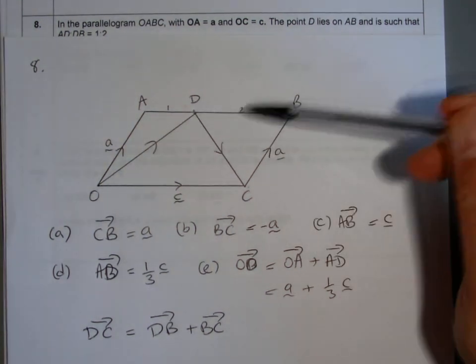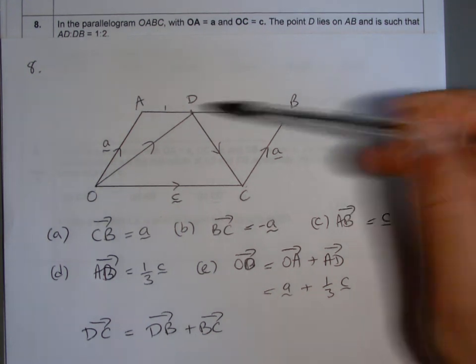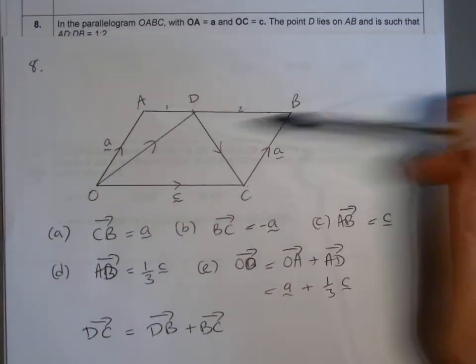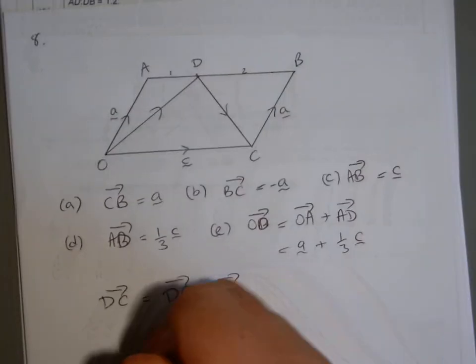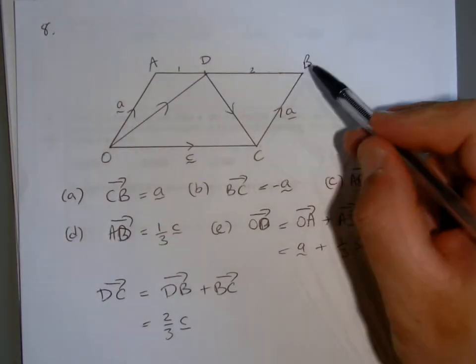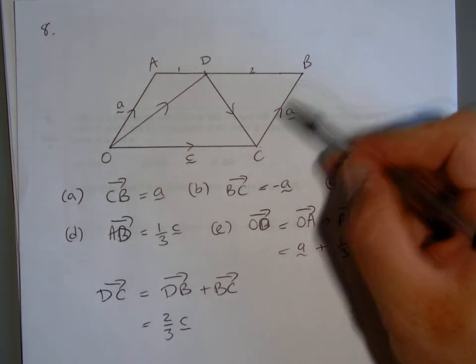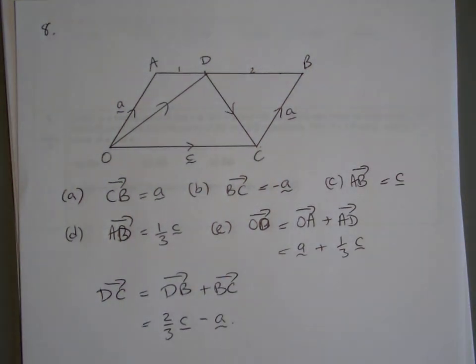Remember, what's the fraction for DB? Because there are two parts, the fraction will be 2/3 of the whole vector there. So 2/3 of c. And then BC, well, we worked it out earlier as minus a because you're going backwards. So minus a there. And there's your final answer.